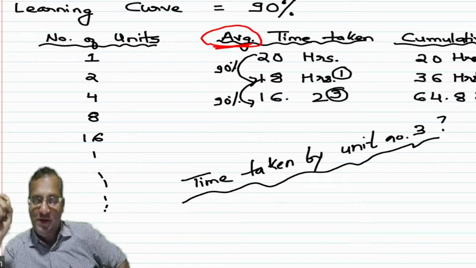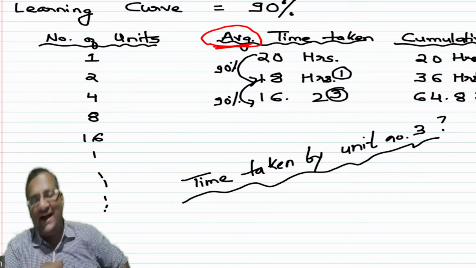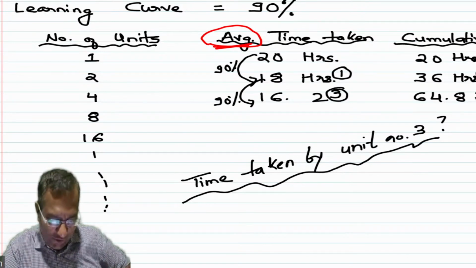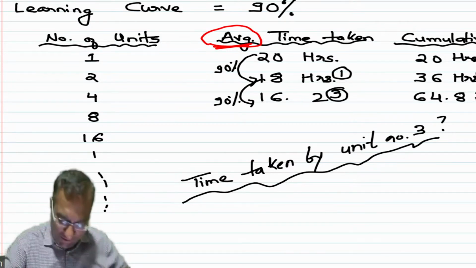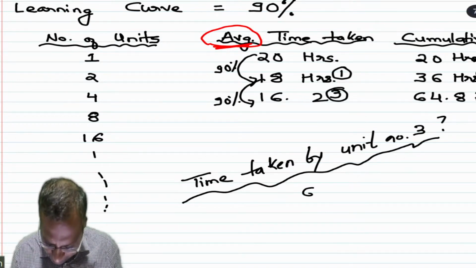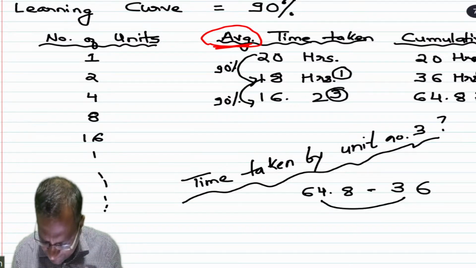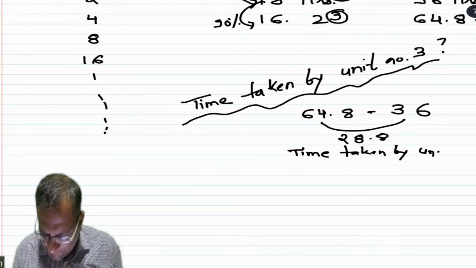Okay, beta. Now please listen, my dear student. No one among you can calculate, neither can I, because this is the limitation of the doubling approach. You can calculate the difference, 64.8 minus 36, this difference of 28.8 is the time taken by unit number 3 and 4.